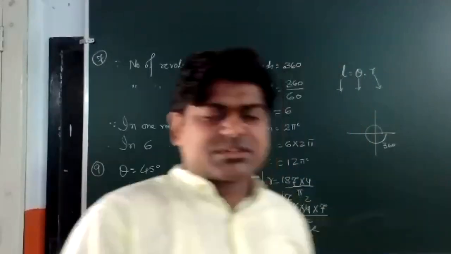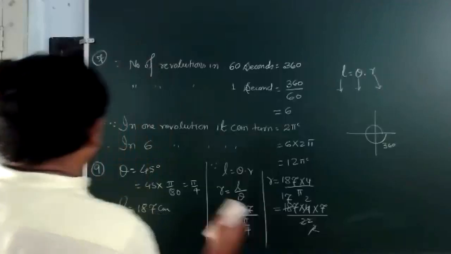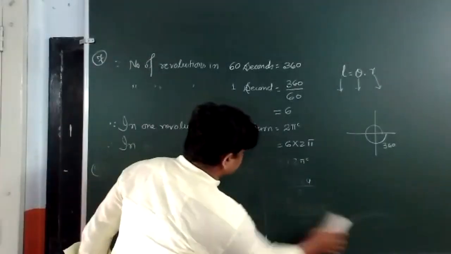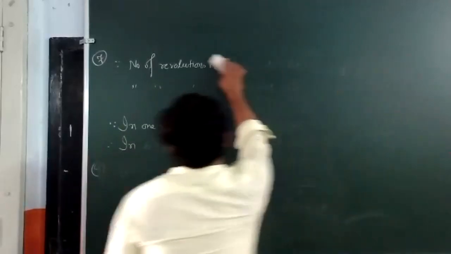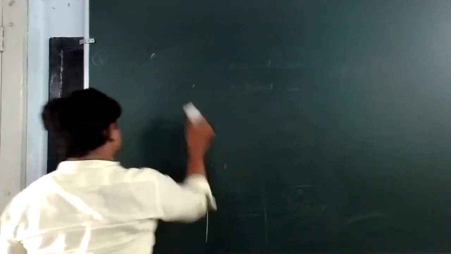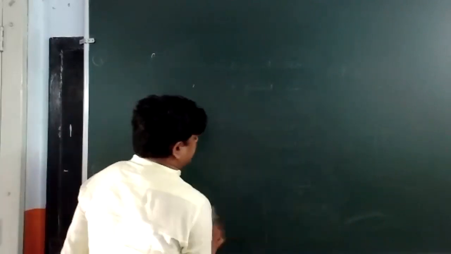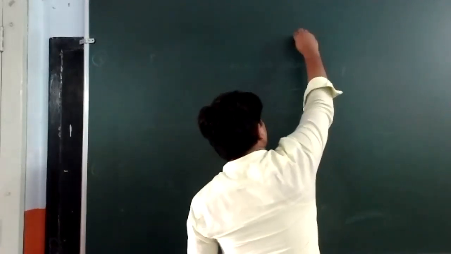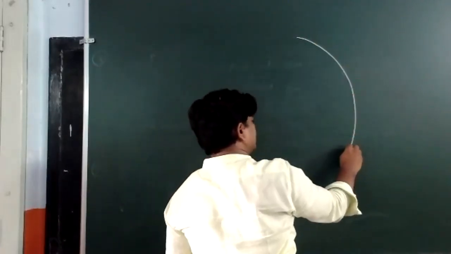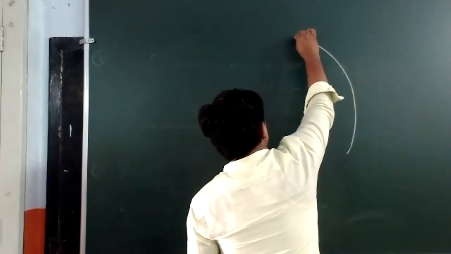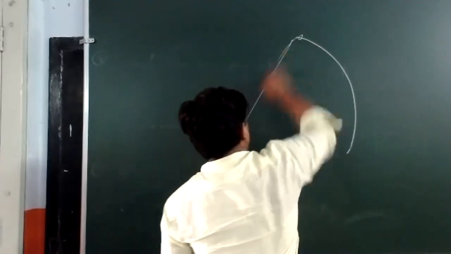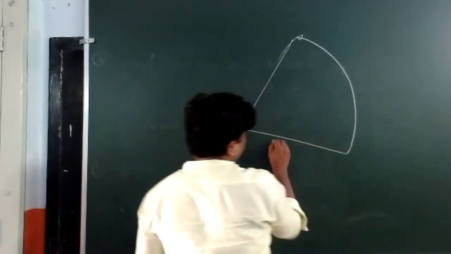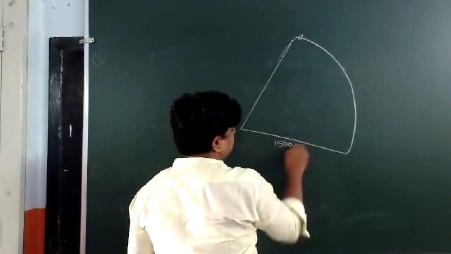What is the question? Let me draw one diagram for that, and then it will be easier for you. Suppose this is the circular track and the train engine is somewhere on it, and the radius of that circular track is given as 1500 meters.